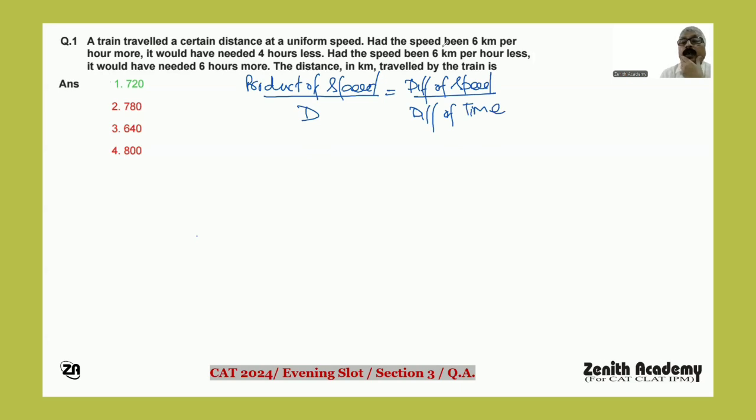So product of speeds, had the speed been 6 km per hour more, if I take speed s plus 6, and same distance traveled with the speed s minus 6, the difference of speed, 6 km more and 6 km per hour less, means difference of speed is going to be 12 km per hour. Difference of time in first condition is 4 hours less, second condition 6 hours more, so it is 10.